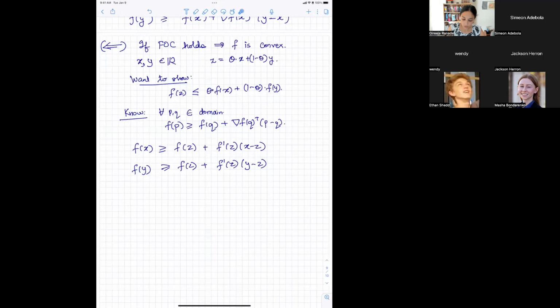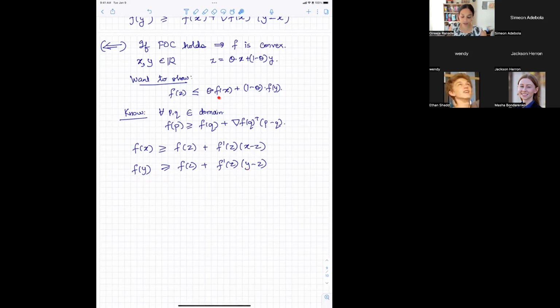Okay, so we know the first order condition is true. We know that f of p for any point p is always greater than the first order expansion around any other point q. Since I want to connect f of x and f of y, I'm going to consider the first order condition evaluated at the point z, and I'm considering perturbations to x and y respectively, because I want to connect these things up.